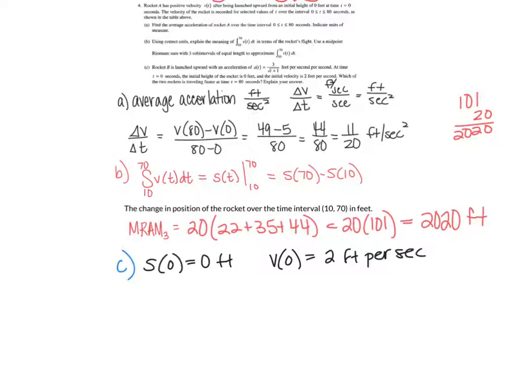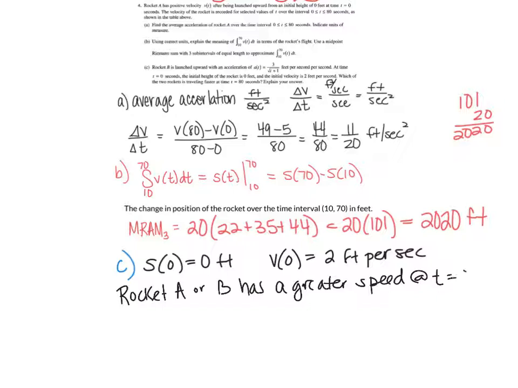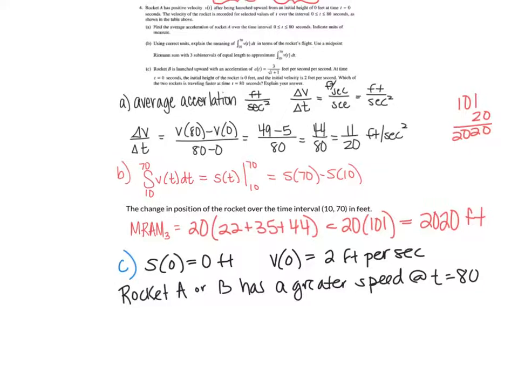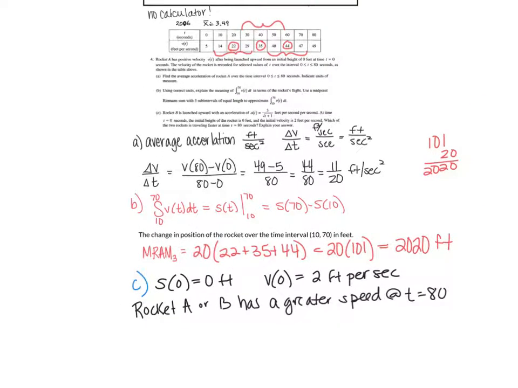So this is really saying which rocket, rocket A or rocket B, has a greater speed at time 80. Okay, so for rocket A, we have the table, and rocket A has a speed of 49.